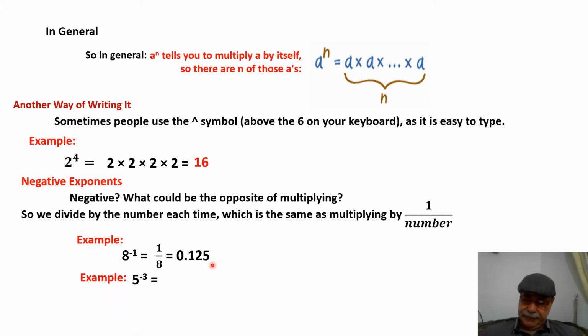See an example again: 5 to the power minus 3. This means dividing by this 5, minus 3 times, in order to get 1 over 5 times 1 over 5 times 1 over 5. This is the meaning of 5 to the power minus 3. This is not written like the positive one.